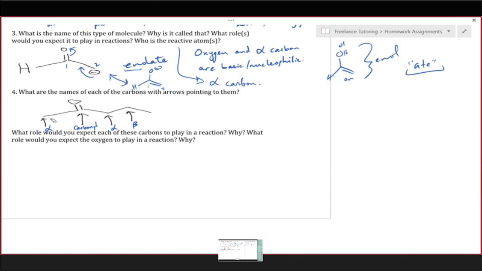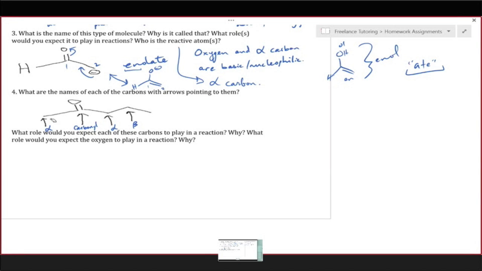Okay, that's good. That was kind of a trick question, but you came up with the right answer. It really wouldn't be very reactive. It's not involved in any resonance, and it's too far from the oxygen for induction to be very important. So it probably wouldn't be very reactive.